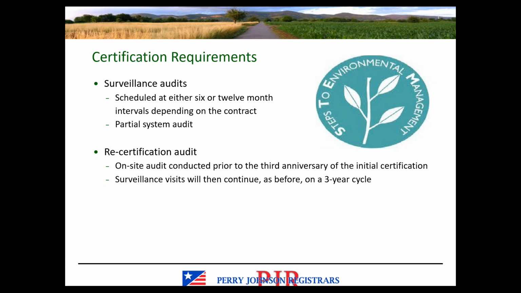The 3rd year within the cycle would constitute a recertification audit, which for all intents and purposes is identical to a stage 2. It's a little longer, it's the full system audit again, and would result in a new certificate, good for 3 years, starting the cycle once again.